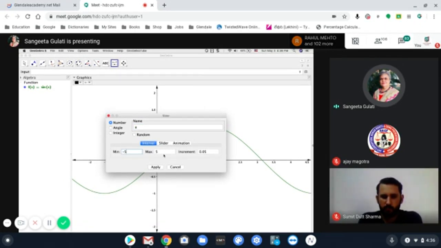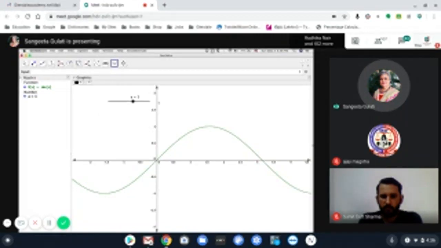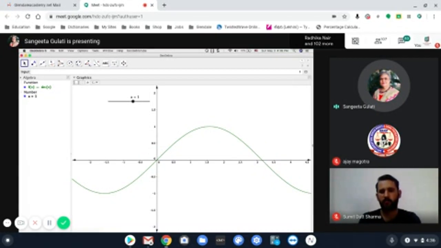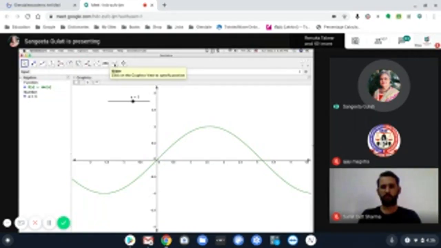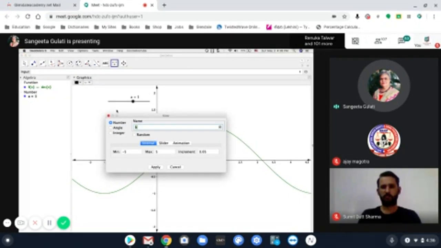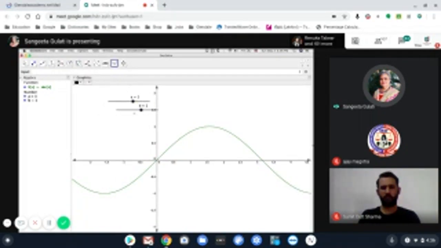So I don't touch any of these settings right now and I say apply. Then what this slider is actually doing is, it's basically a variable, a parameter. So if instead of sine of x, I want this function to be dependent on two parameters, say a and b, then I can actually use these values.